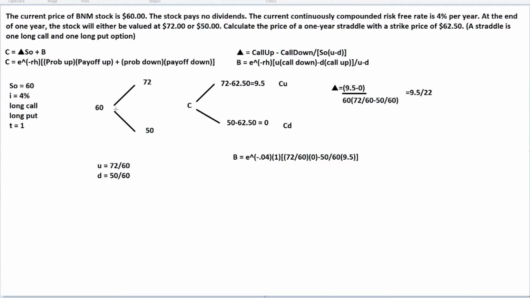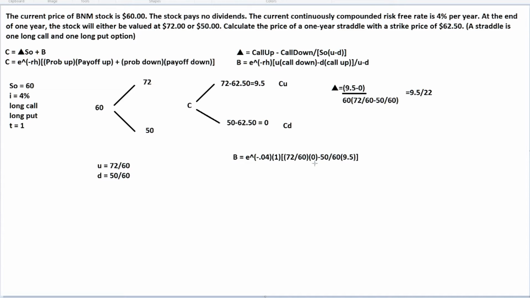Next we need to find our B, our bond. Recall from this formula right up here, our bond is going to be e to the negative RH, R being our risk-free rate, H being the time period, which here is just 1 year. Have that multiplied by our up factor, which is 72 over 60, times the payoff when the call goes down, which is 0.